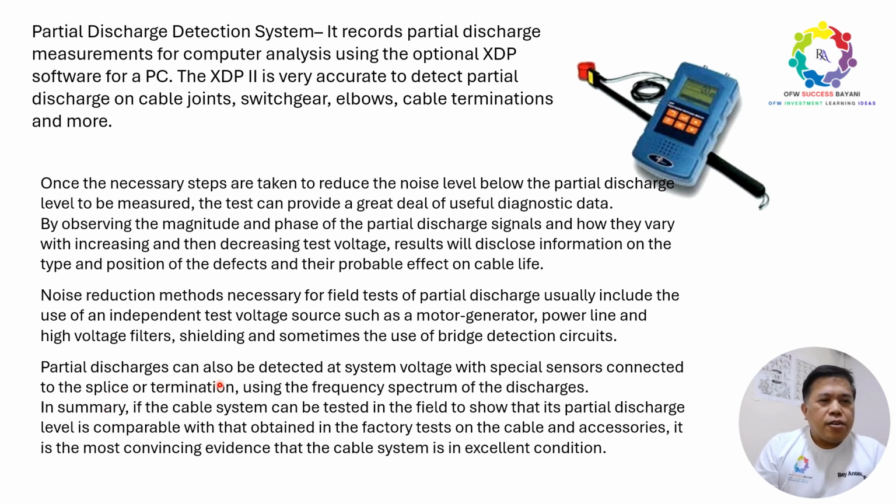Partial discharge can also be detected at system voltage with a special sensor connected at the splice or termination, using the frequency spectrum of the discharges. Summary: when the cable system is tested in the field and shows a partial discharge level compatible with the factory tests and cable accessories, it is the most convincing evidence that the cable system is in excellent condition.